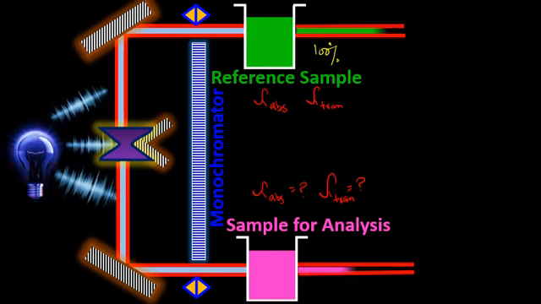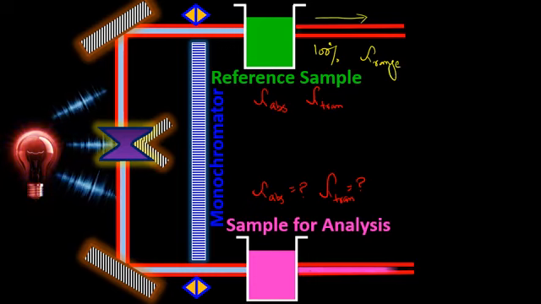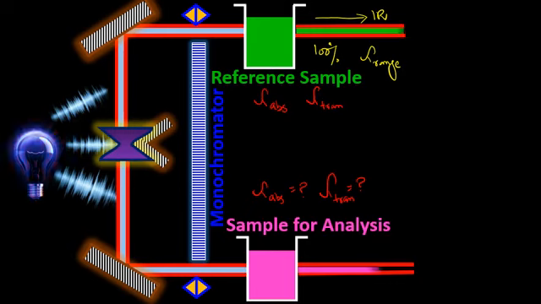So we know the intensity and the range of wavelength of the IR radiation which is transmitted by the reference sample. Whereas the sample under analysis in the IR spectroscope absorbs some of the wavelengths. The absorbed wavelength is not known, okay? And it will transmit the rest of the wavelengths of infrared radiation.